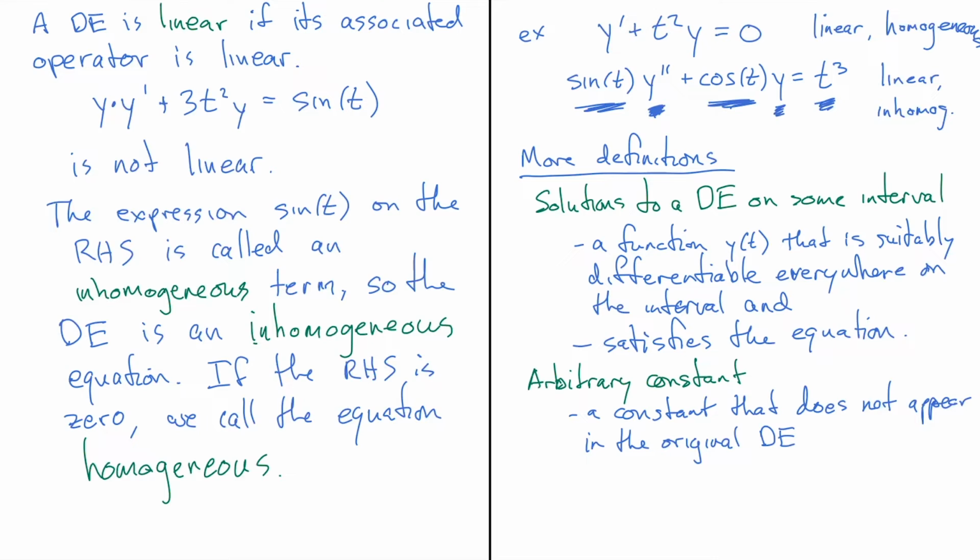So for example, when we were talking about objects falling, we had an x double prime equal g. And g is some constant that appears in the differential equation. We don't call that an arbitrary constant.